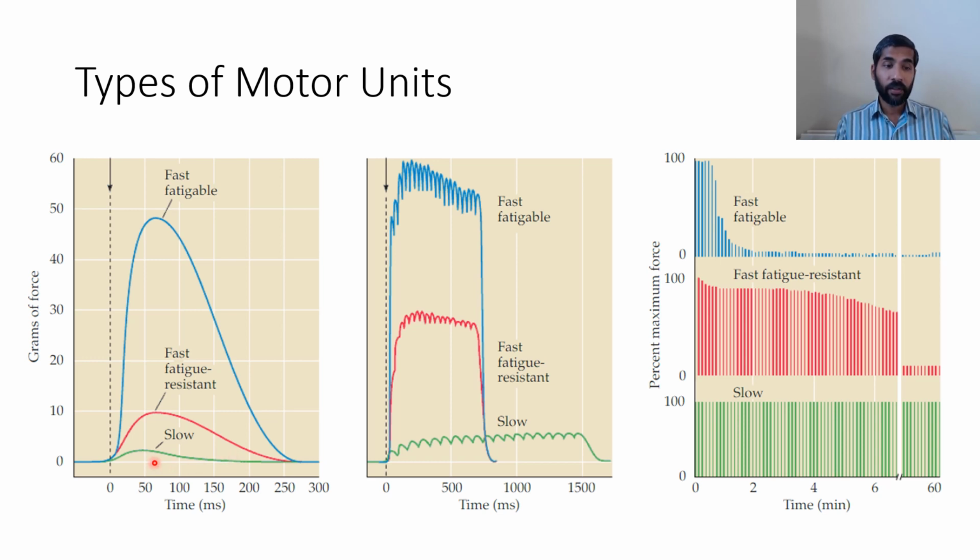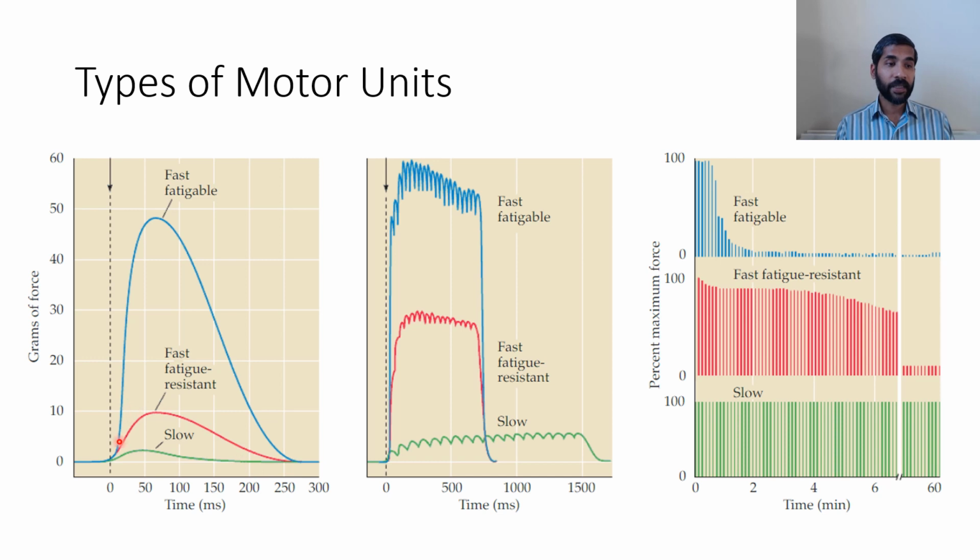You have the fast fatigable motor units. Now these are motor units which are large, which can produce a huge amount of force, but they fatigue or get tired very quickly. In between them are the fast fatigue resistant motor units, which can produce more force than slow motor units, but fatigue faster as well.